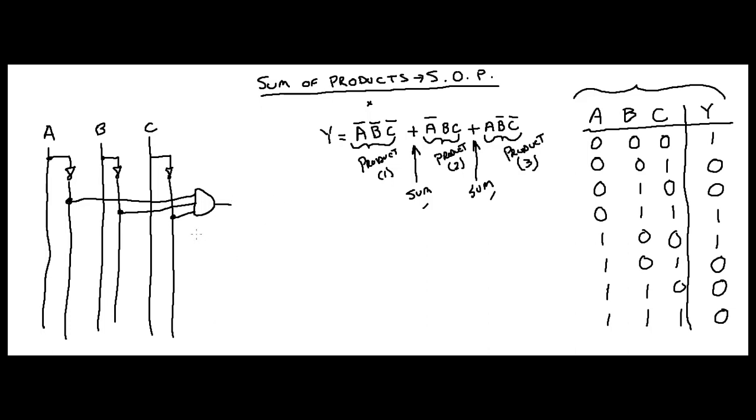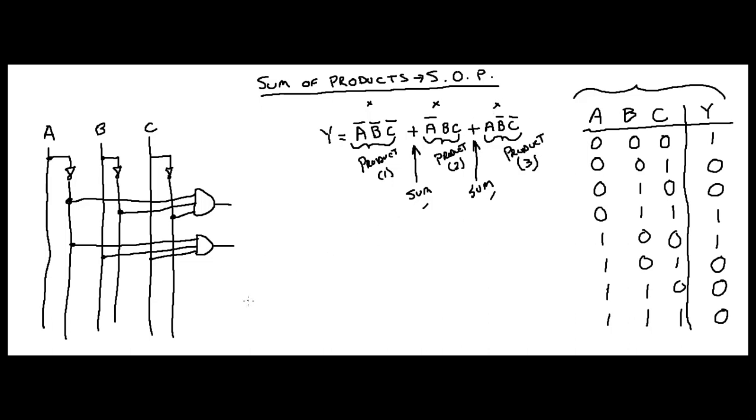Let's do the next one, shall we? This first one will go to A bar. All right, we're doing this gate right here. So we'll go from here, we'll go back. A bar, right? Then the next one is B. There's B. And then the next one we go to C. Got it? And finally, let's do this one.